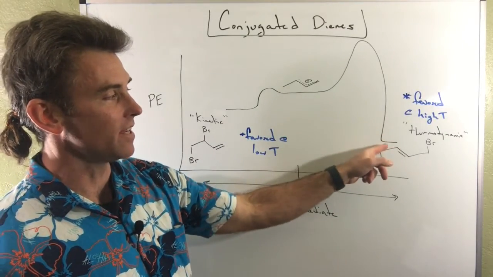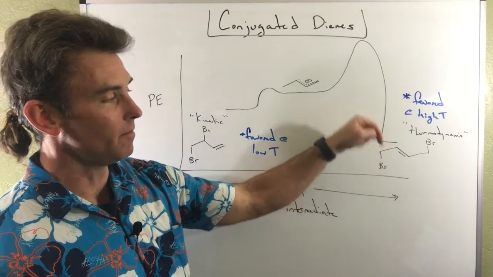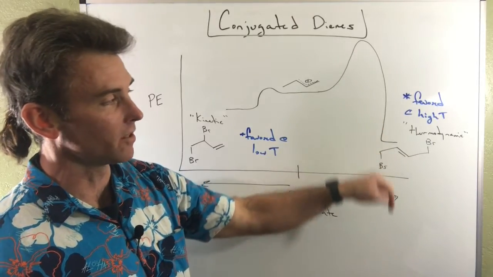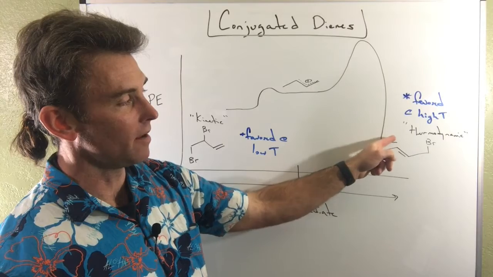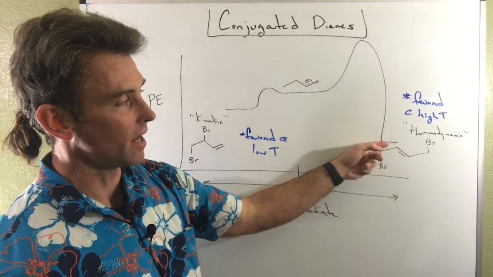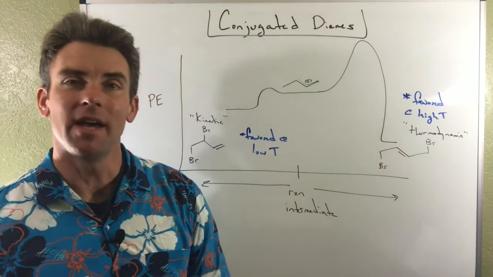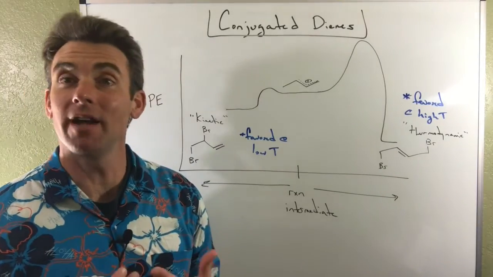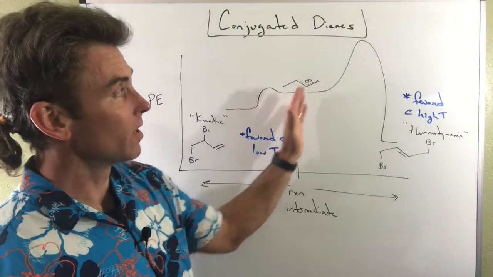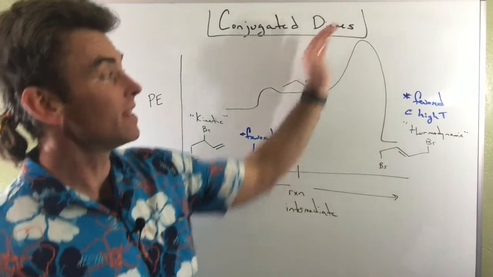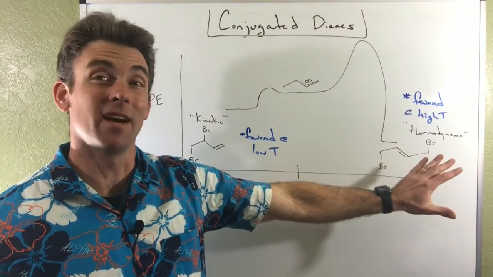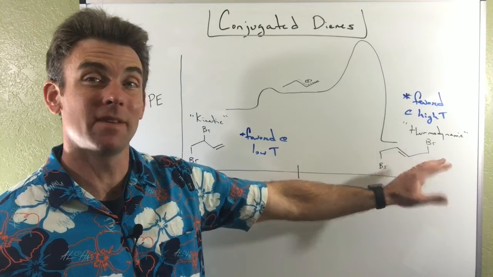Pretending that this guy is really much more stable potential energy-wise, you're going to get a lot more of this lower potential energy state product. And I think it is somewhat obvious. With a whole bunch of energy going on in the system, you're really going to pack things with enough energy to make it over that hill. And once they get over that hill, they almost get stuck there, right? In a sense, right?